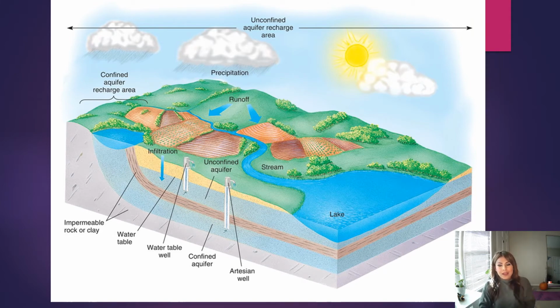You have different types of rocks and soil, and some are more porous than others, and they absorb water a little bit better. So something like an aquifer is a geological feature. They're underground reservoirs that are either confined or unconfined. A confined aquifer would be surrounded by 2 layers of impermeable clay.